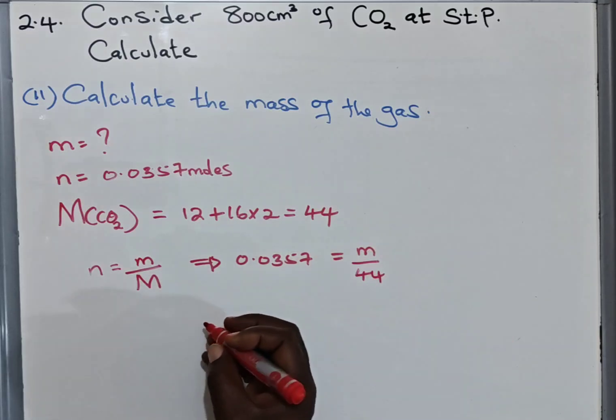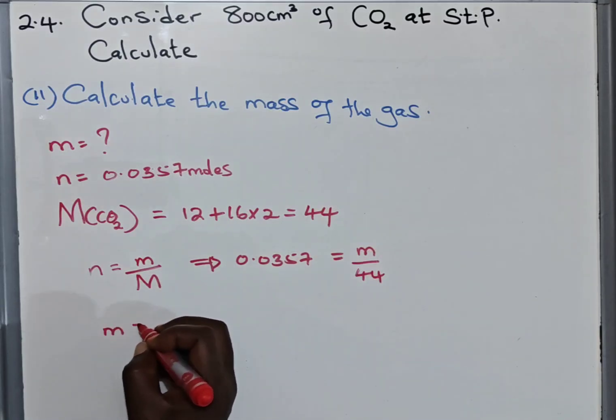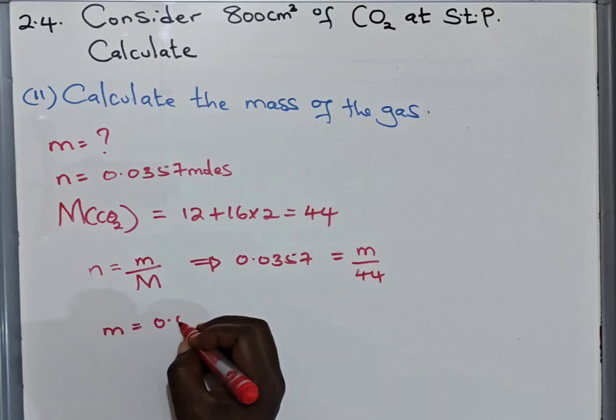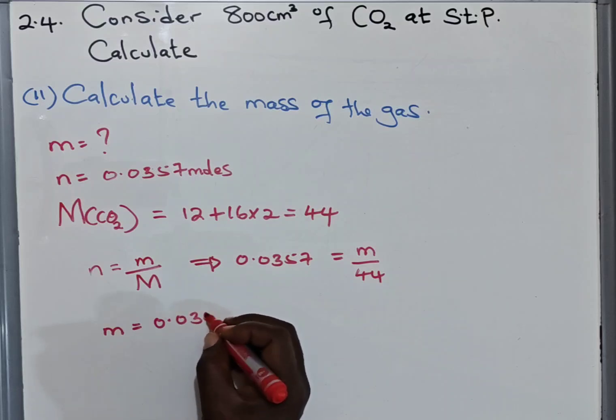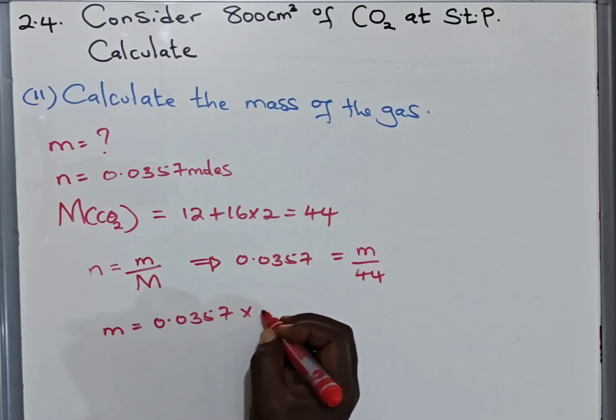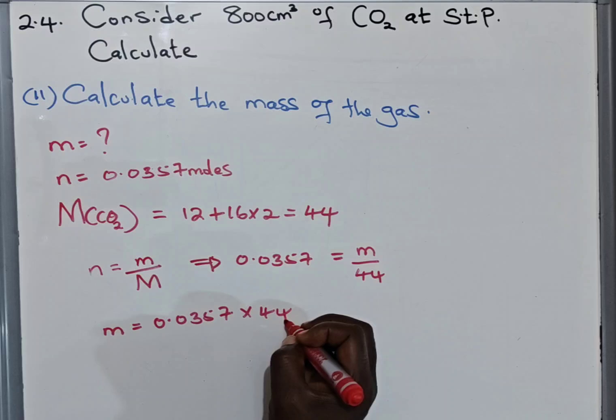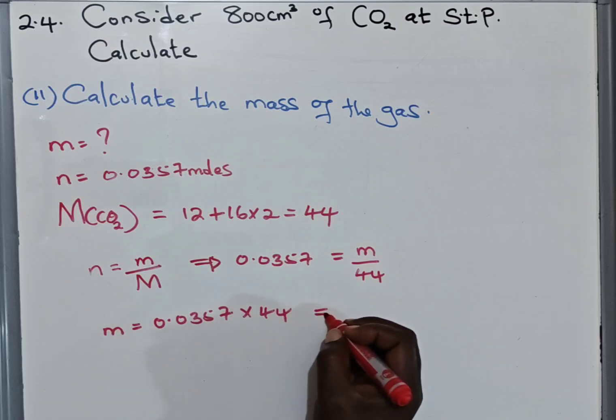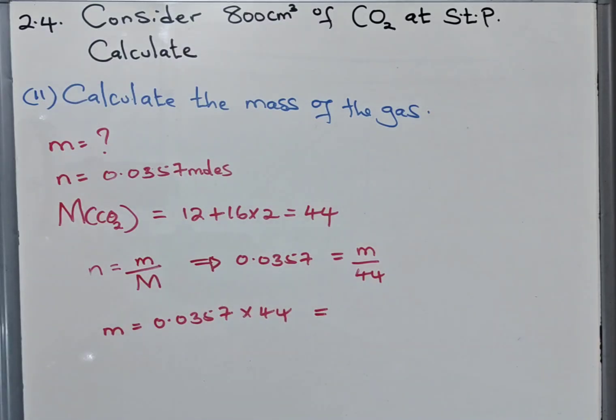If you cross multiply here, we are going to get m equals 0.0357 times 44, giving us 1.5708 grams.